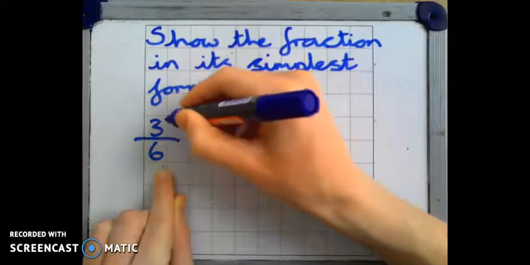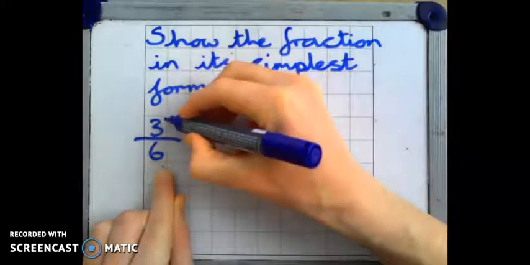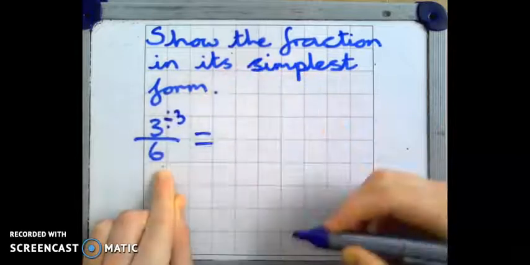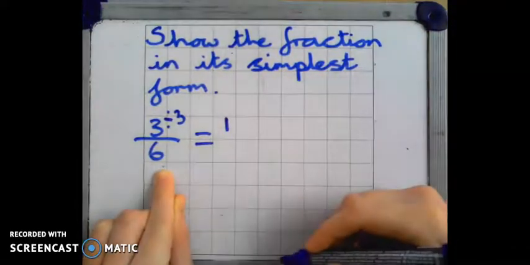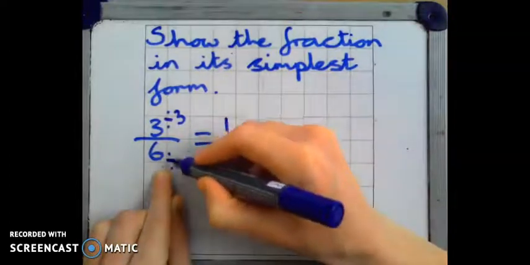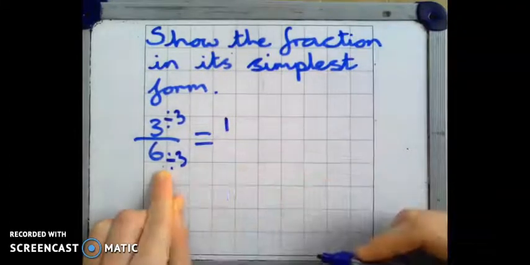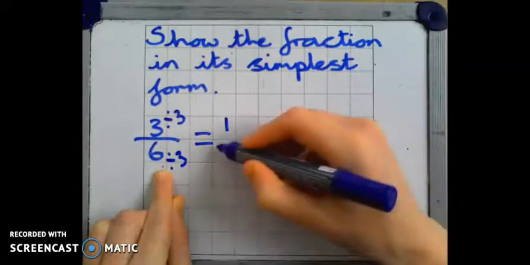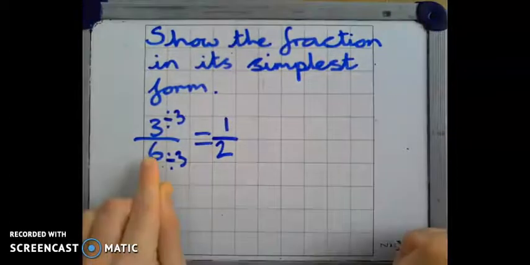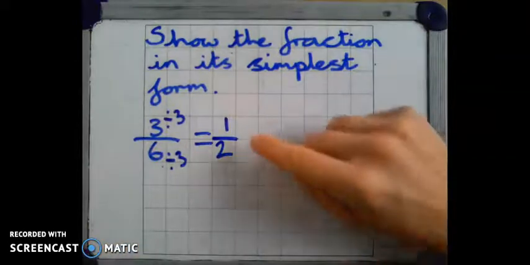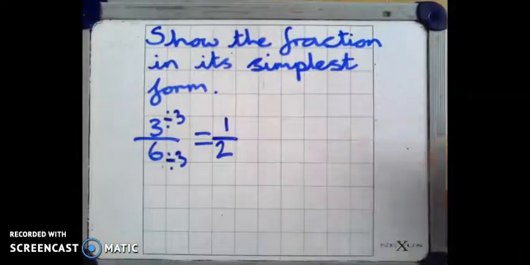So I can divide 3 by 3. 3 divided by 3 is 1. And I also can divide 6 by 3. 6 divided by 3 is 2. This fraction is now in its simplest form because we have 1 as a numerator.